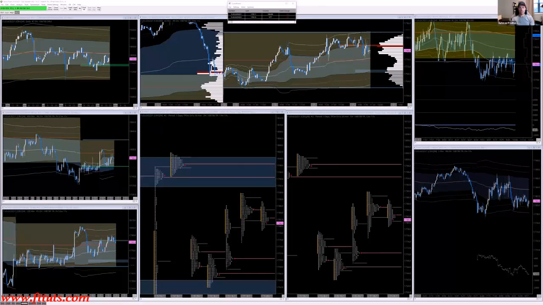I'm scratching the rest of my gold. I think it's just going to rip stops higher here. Crude is unhappy.